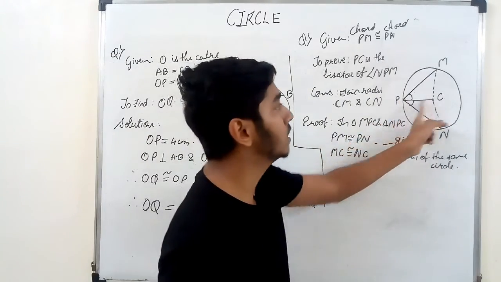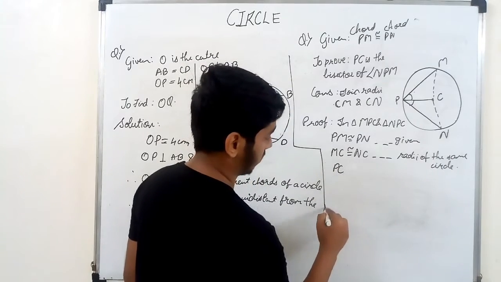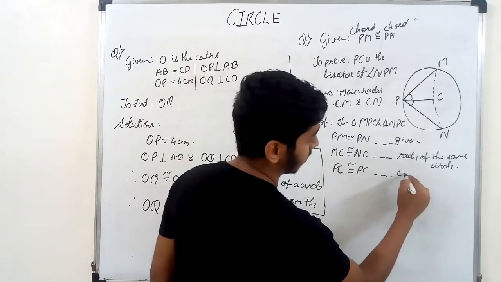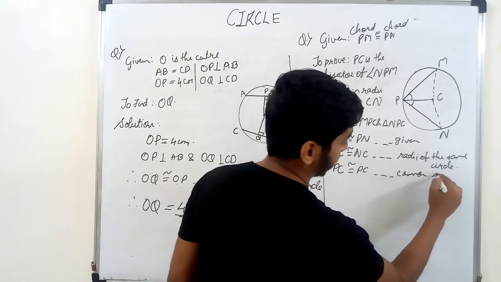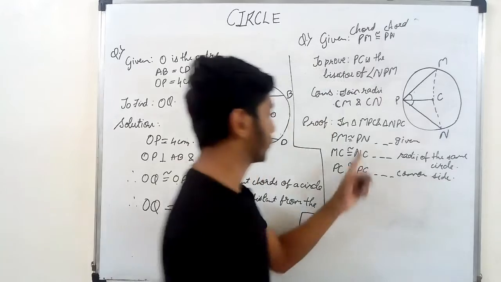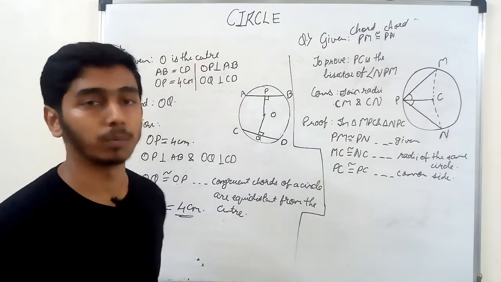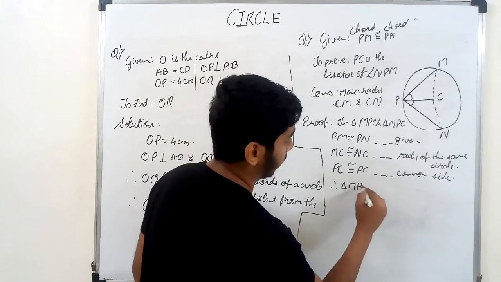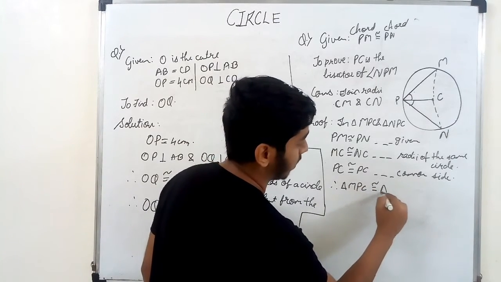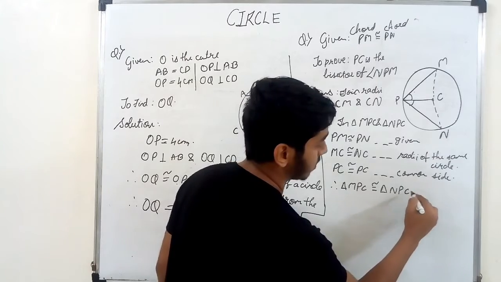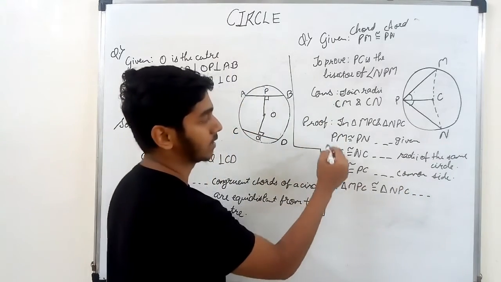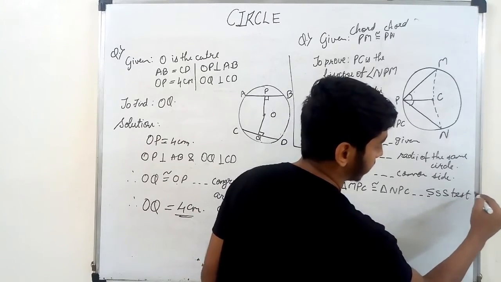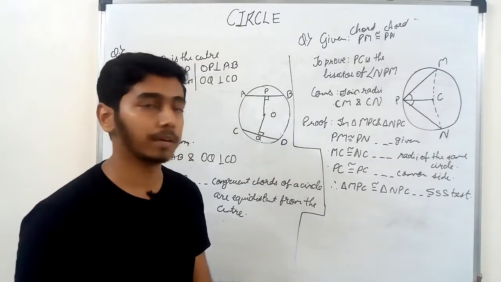Now we can say PC is congruent to PC. Why? Common side. So we have got three things congruent. Therefore, triangle MPC is congruent to triangle NPC. Why? By the SSS test.